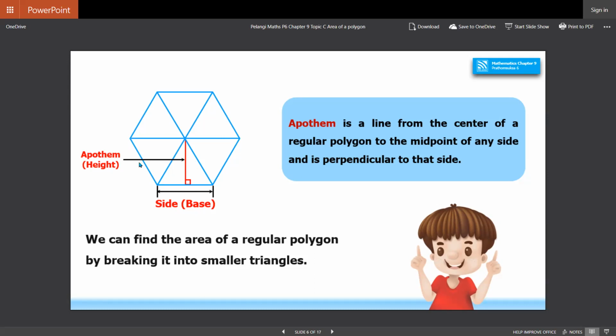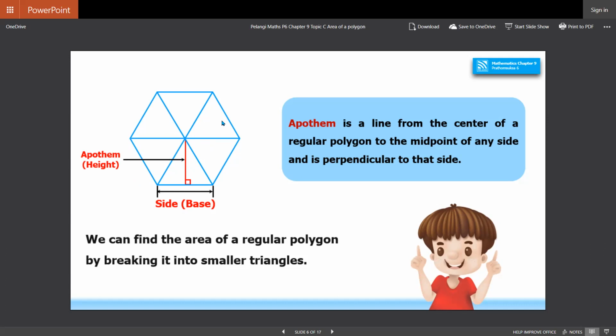Okay, and how many triangles do we have? You can count. 1, 2, 3, 4, 5, and 6. Because this is a hexagon, you have 6 triangles. If this was a pentagon, you would have 5 triangles. If this was a heptagon, you'll have 7 triangles. So remember that, okay?